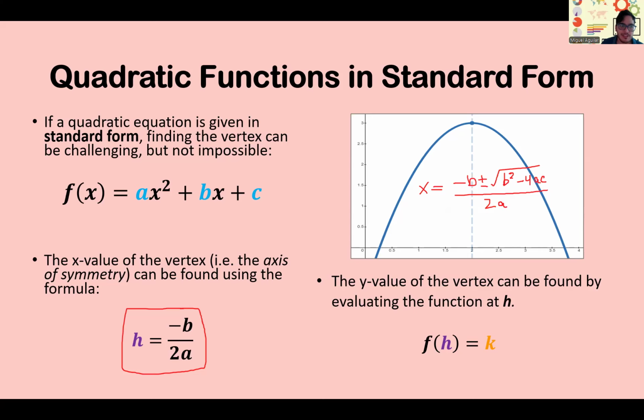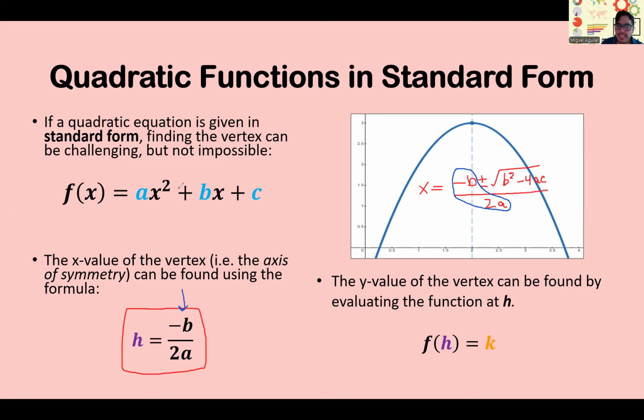You guys remember that from yesterday? Yes. It turns out that hidden in plain sight, part of that formula tells you the information about the vertex. This negative b over 2a, that gives you the first coordinate of the vertex.